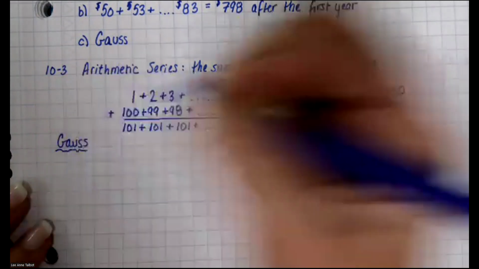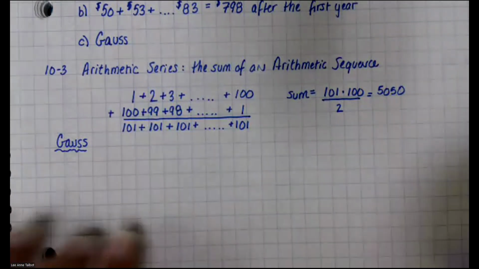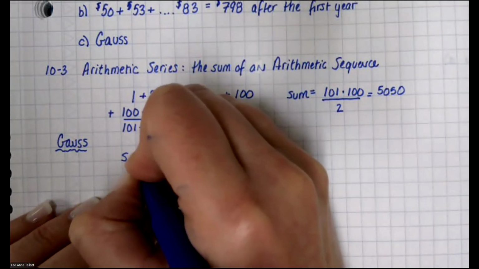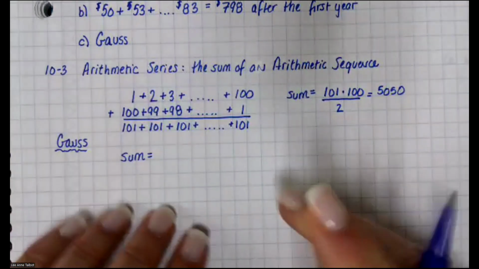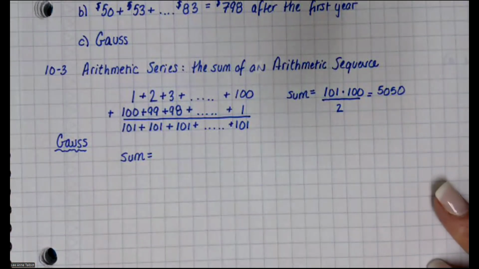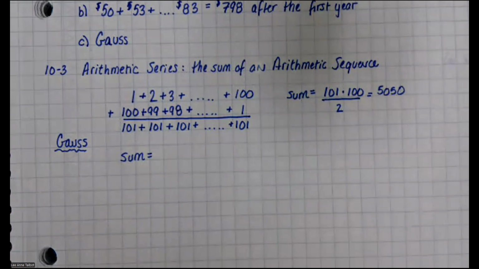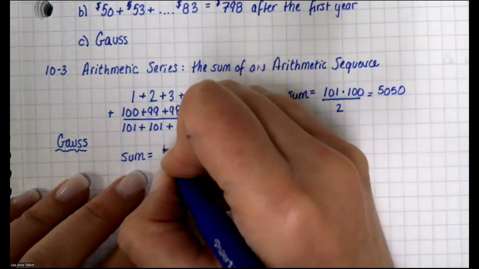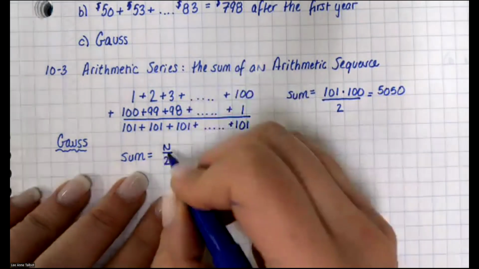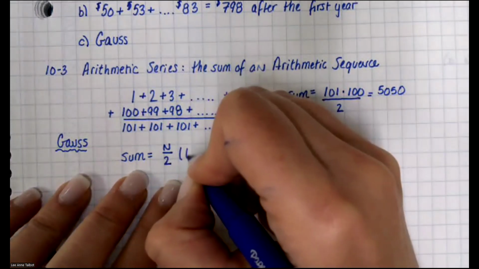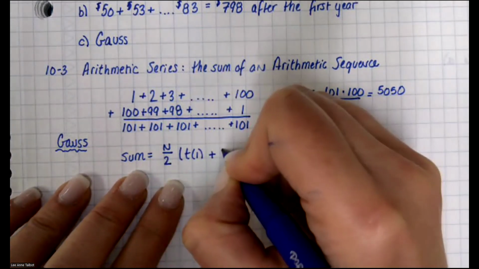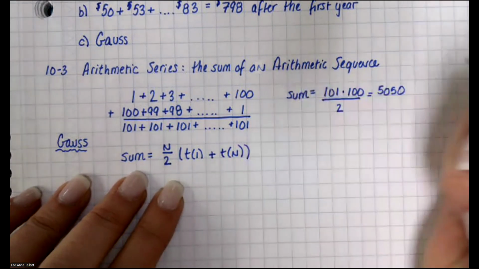which is amazing. Okay, so what we're going to do is write his formula, and then we're going to use that formula to find Angela's savings. Okay, so this is how we use it today. We say n over 2 times T1 plus Tn.